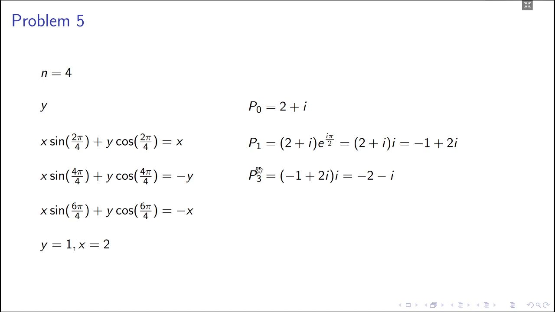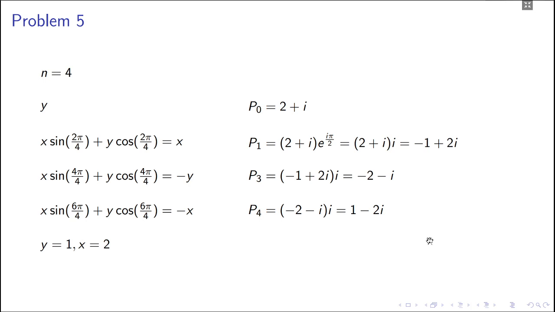Similarly, to find p2, multiply again with i, so this multiplied with this will be minus 2 minus i. This will be p3, sorry, this one multiplied with i, so it will be 1 minus 2i.